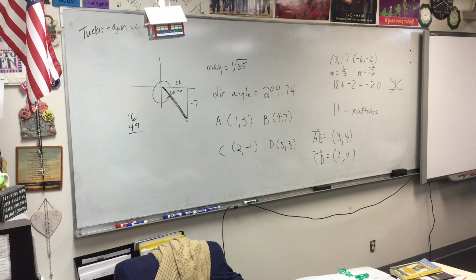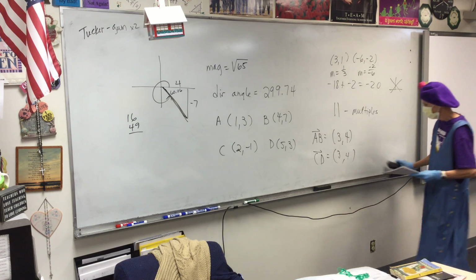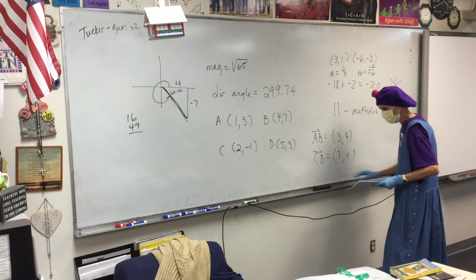I'm simply going to ask you which ones you have a question about. So who has a question about a particular one of these problems? Does anybody have a question? Number 6, all right, let's start with number 6. Number 6, find the components of the vector.